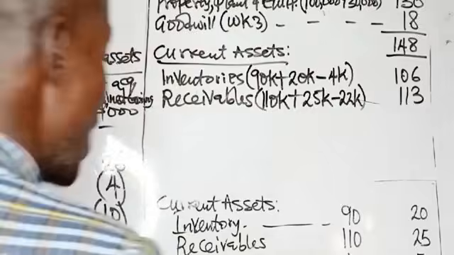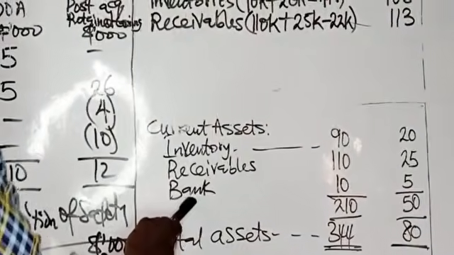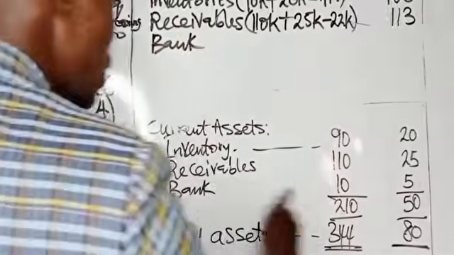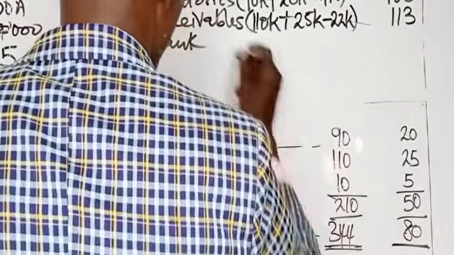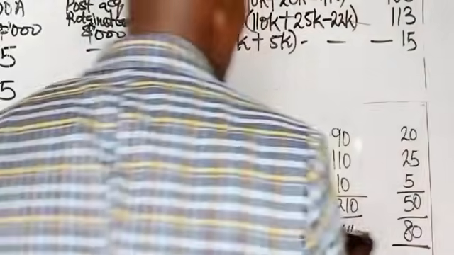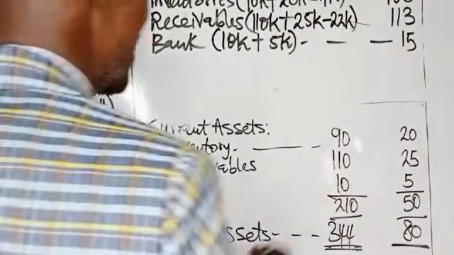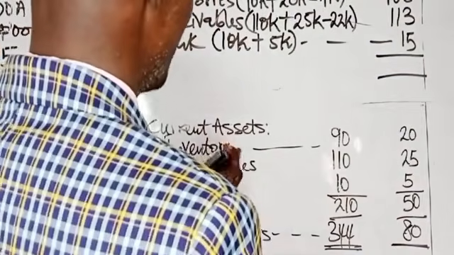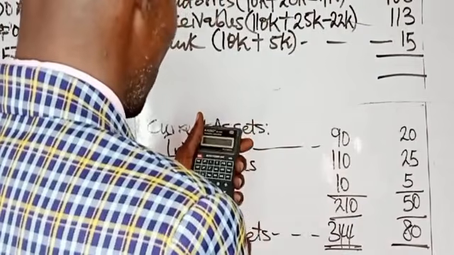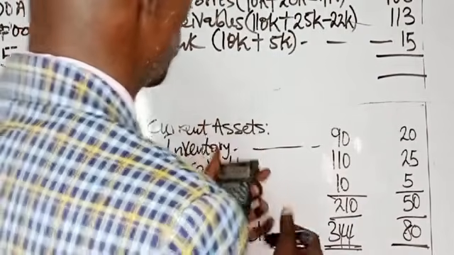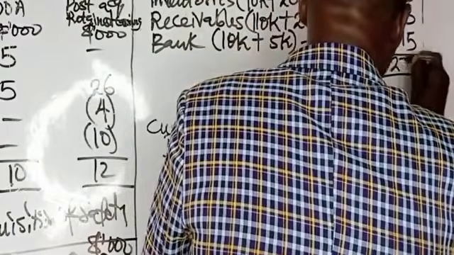After receivables, we have bank. For parent, we have 10 and subsidiary 5. So we have 10,000 plus 5,000. That gives us 15,000. So we are done with our current assets. Now 113,000 plus 106,000 plus 15,000. So our current assets is totaled 234.